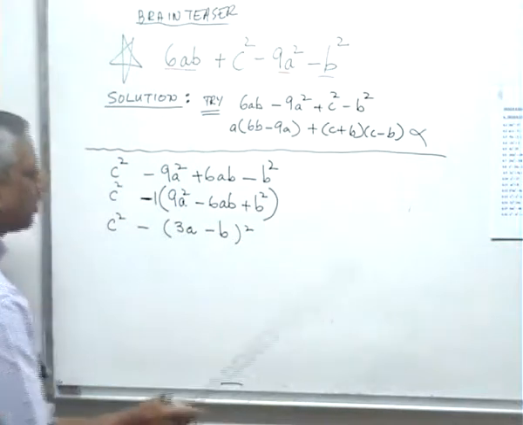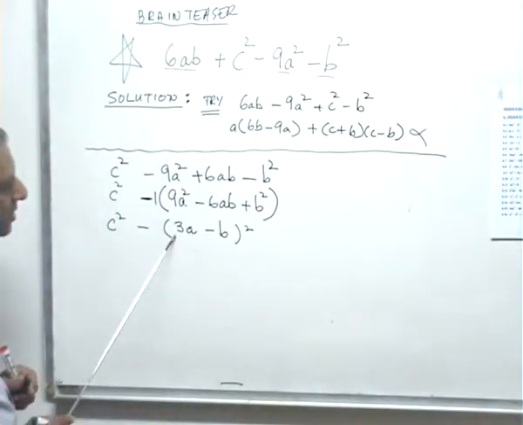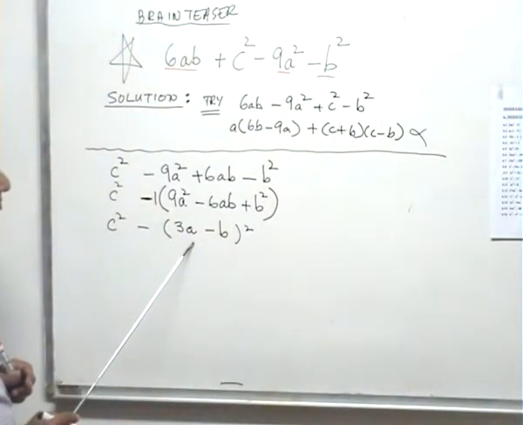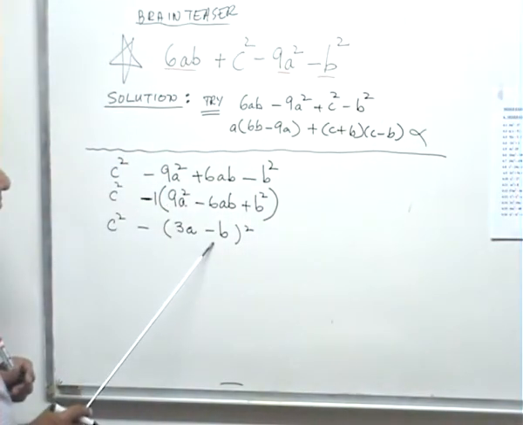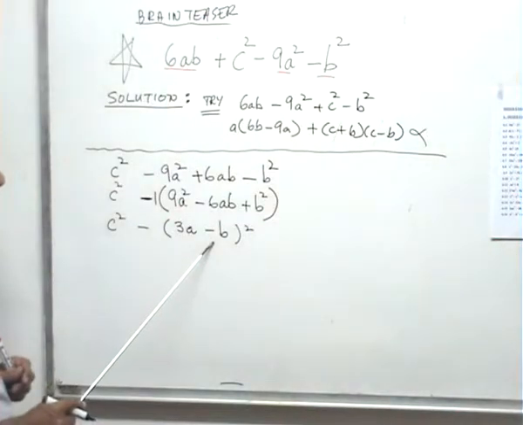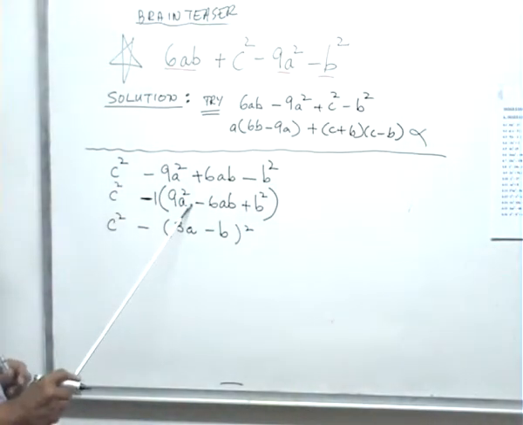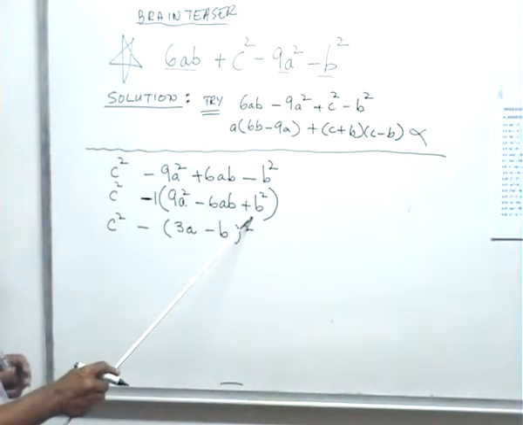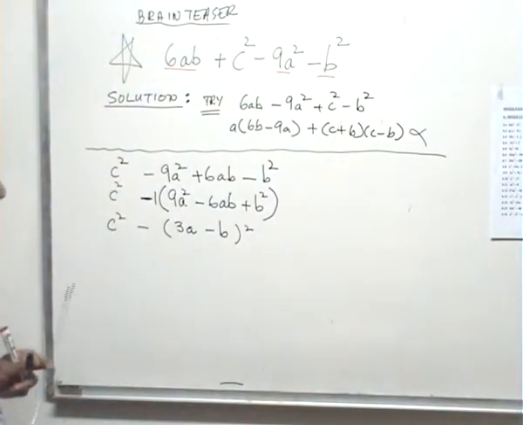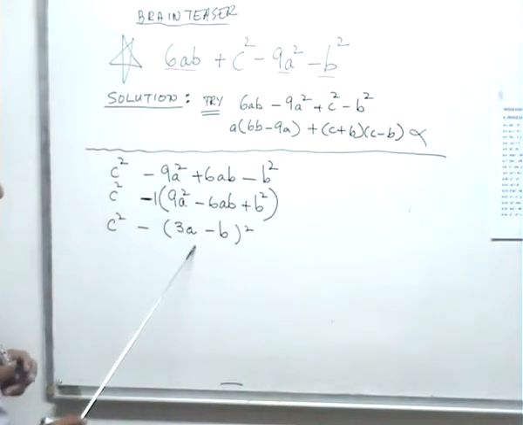Now I'm not going to do all the working for you, but you can test it out. 3a times 3a will give you 9a squared. 3a times minus b will give you minus 3ab, times 2 will give you minus 6ab. And minus b squared will give you plus b squared. Right. So I have factorized that trinomial here.